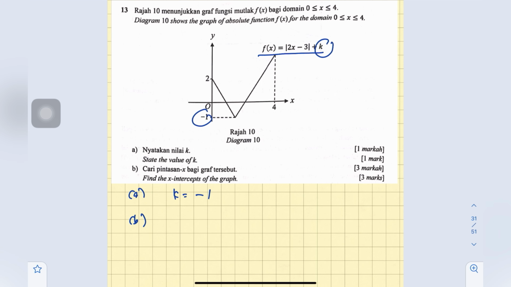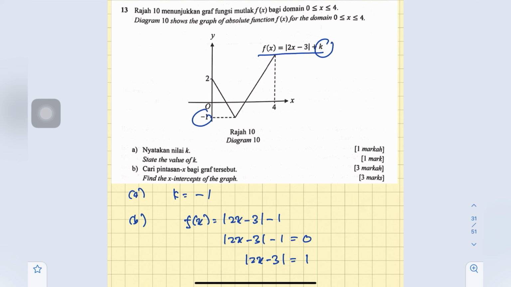B, find the x-intercept of the graph. Okay, so now we have f(x) equals modulus 2x minus 3 plus k, so -1. Okay, so then the x-intercept is y equals 0, or f(x) equals 0. So modulus 2x minus 3 minus 1 equals 0. Modulus 2x minus 3 equals 1.